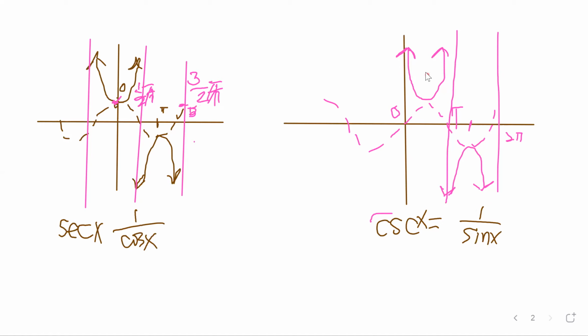And then you can use this as your asymptote. But you know, at this location, the reciprocal of 1 is still 1, and the reciprocal of -1 is -1. You can connect just like what Ling Lu did. Okay, very good.